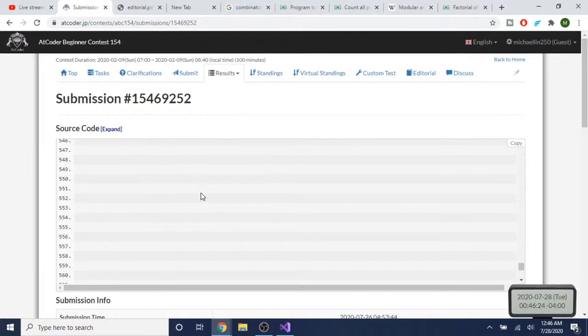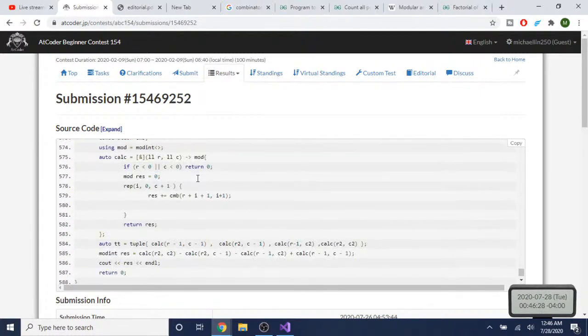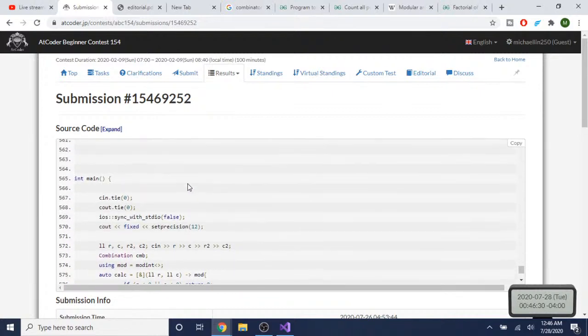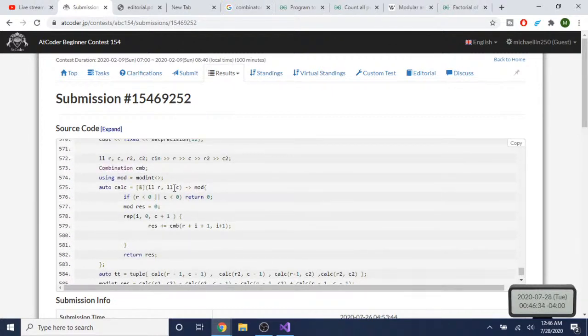What the? Wait. Hold up. Okay, so they're doing what I did. 0 to C+1 CMB. Okay, so this is what we're trying to do right here.